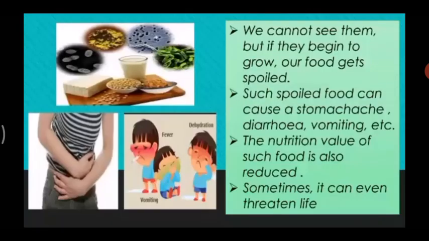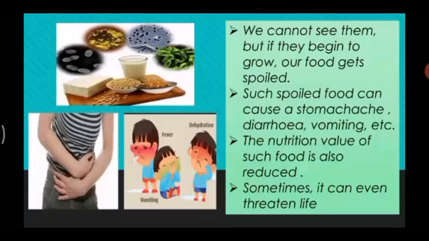Okay. Next is microorganisms that are present in the air or in the water. They are so minute that we cannot see them, but we can see their growth. That means they are very small in size, but we can see the growth. Now you know that we have taken an example of chapati.